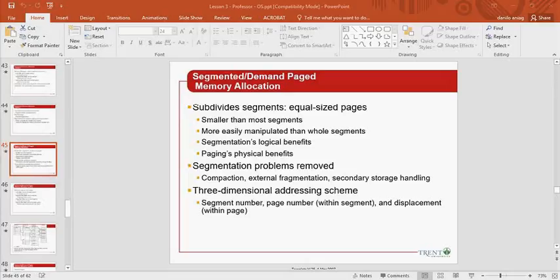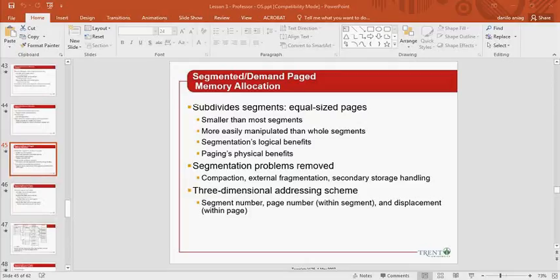This allocation scheme doesn't keep each segment as a single contiguous unit, but subdivides it into pages of equal size that are smaller than most segments and more easily manipulated than whole segments. Therefore, many of the problems of segmentation, such as compaction, fragmentation, and secondary storage handling, are moot.